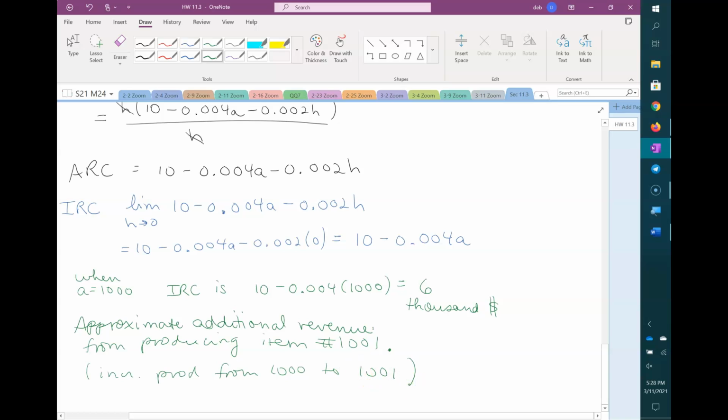Do you hear that that's the same thing as just the amount for number 1001? So it's the next one. It's x is increasing by 1 from whatever it was. Okay, so let me know if you have questions about that one. Really, really important.